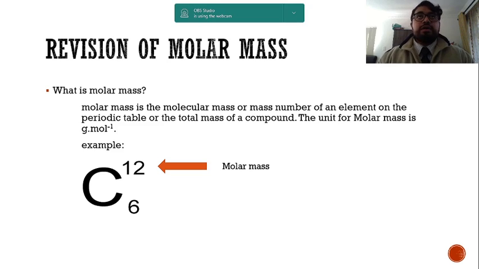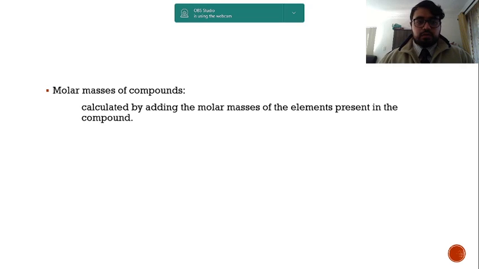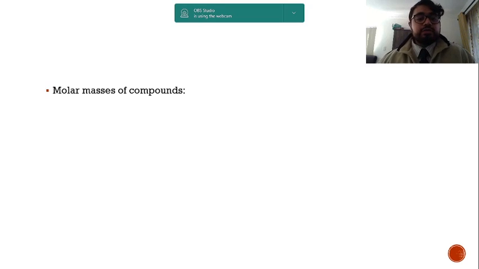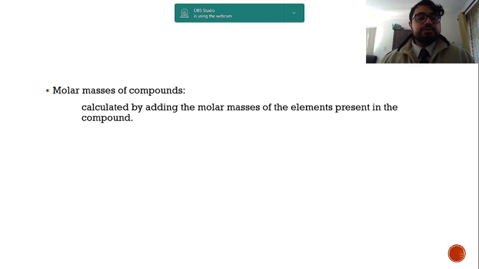Well, if we're looking at the periodic table of elements, the molar mass is the bigger number. But when we're looking at molar masses of compounds, we have to add the molar mass of each individual element in the compound.